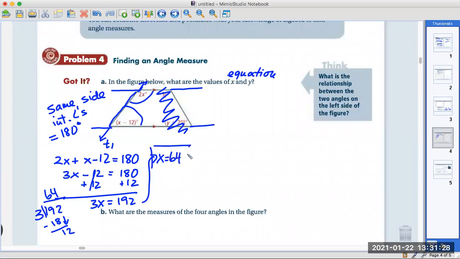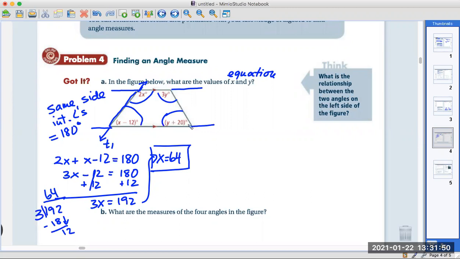So that's my x. So now let's look at the other one. Same thing, their same side interior angle, same concept. Their sum is also 180. They're not equal. You can tell by looking at it. This is the only time I say look at it and tell what it looks like.